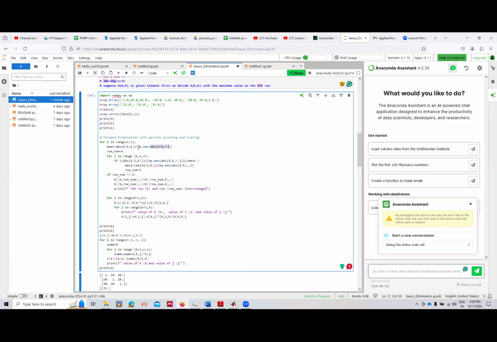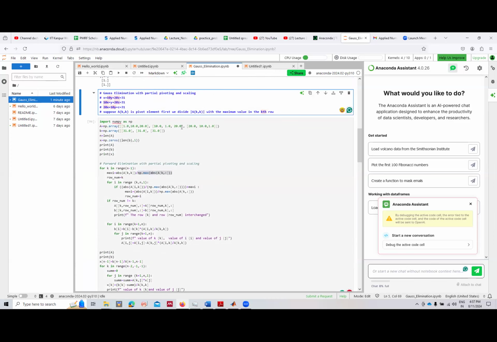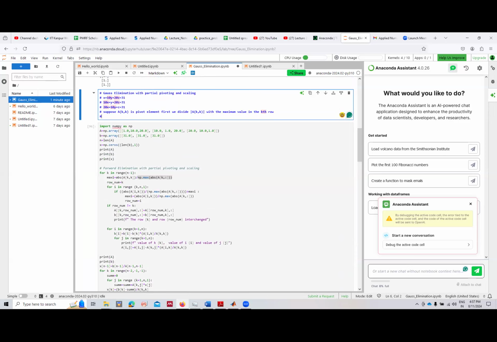If I apply np.max, it will give the maximum value in the kth row. This absolute maximum value will divide the mod of a_kk.